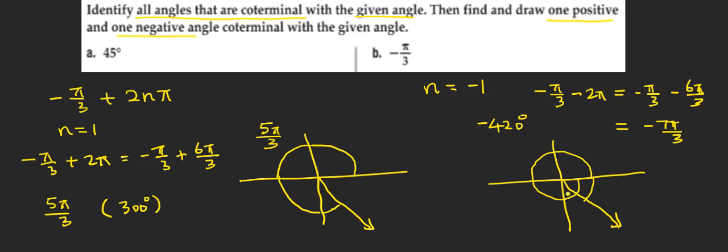So that's negative 7 pi over 3. Now notice, 5 pi over 3 and negative 7 pi over 3 are coterminal angles. That's why they have the same initial side and same terminal side, but different measurements.